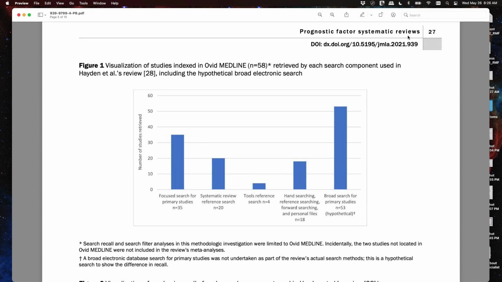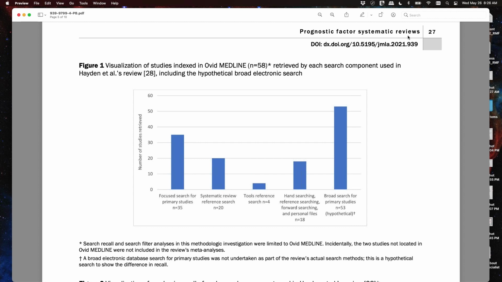So basically, the results of the first investigation they wanted to conduct, which is to compare the search recall of the focused versus the broad search strategy.